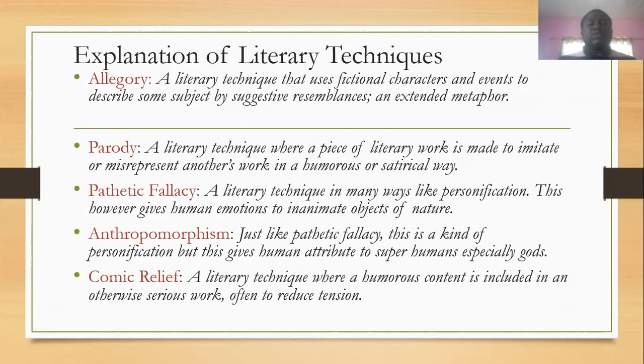Right, so we move on to explain some literary techniques. The first one is allegory, and George Orwell's work is an example of an allegory. They use fictional characters, be it animals, objects, whatever they find, and they try to tell the story of, most often than not, a true account of an event that they try to present in a certain fictional form.